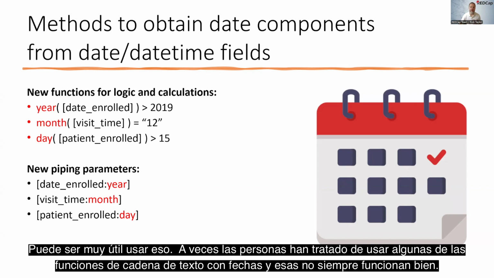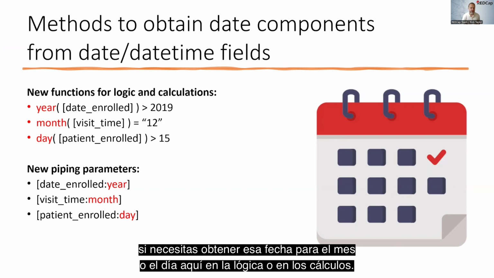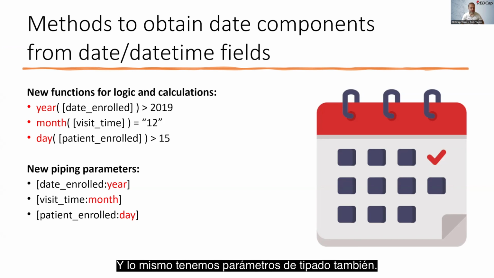Sometimes people have tried to use some of the text string functions with dates, and those don't always work well. So now you can utilize these, and it makes it a lot easier if you need to obtain that date or the month or the day here in logic or calculations. And the same we have piping parameters also.